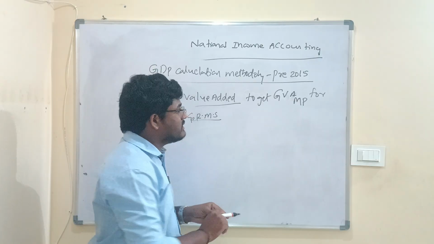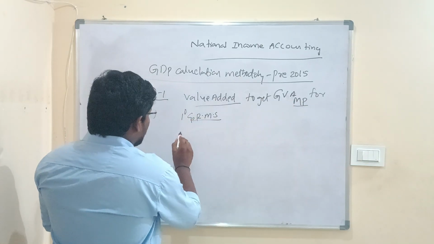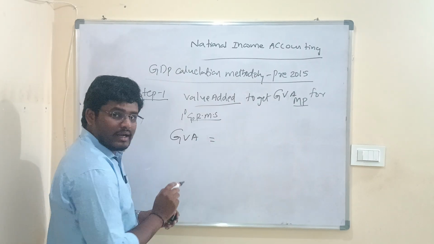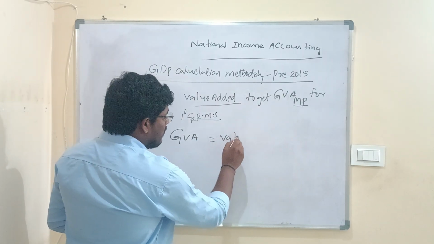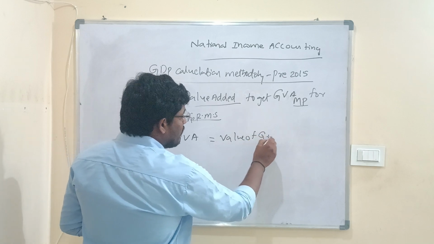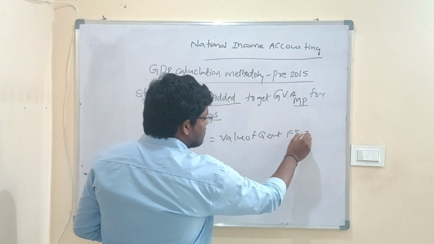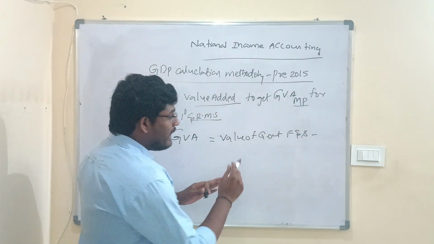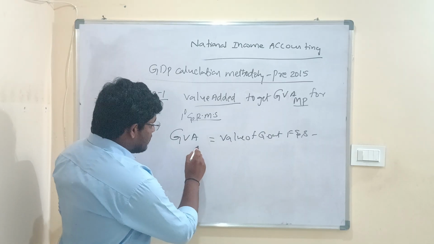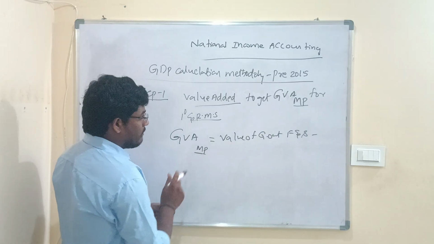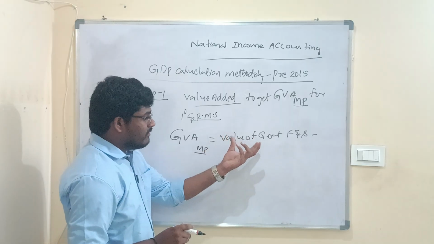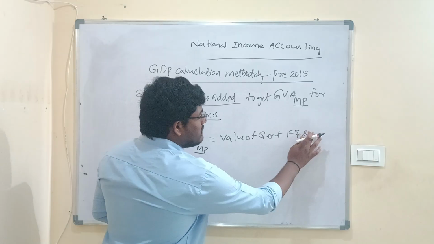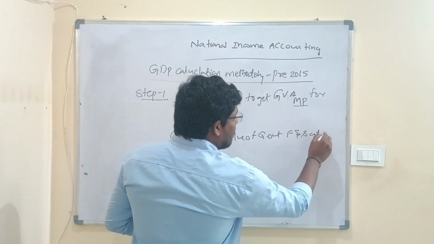Now what does it mean when I say gross value added at market price? We have discussed what exactly gross value added is: the value of gross output of final goods and services minus the value of gross output of intermediate goods and services. Gross value added at market price means that when we calculate the gross output of final goods and services, its value is taken from the market price.